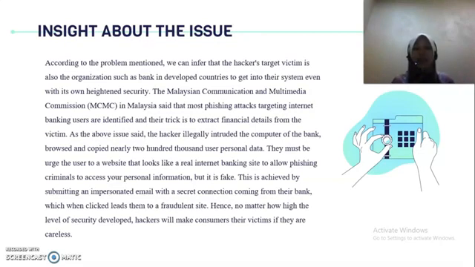This is achieved by sending an impersonated email with a secret link coming from their bank. So when they click, it leads them to a fraudulent site. Hence, no matter how high the level of security developed, the hacker will make consumers their victim if they are careless.